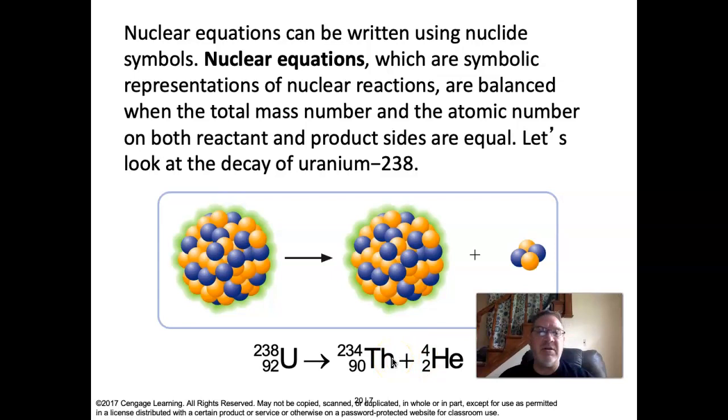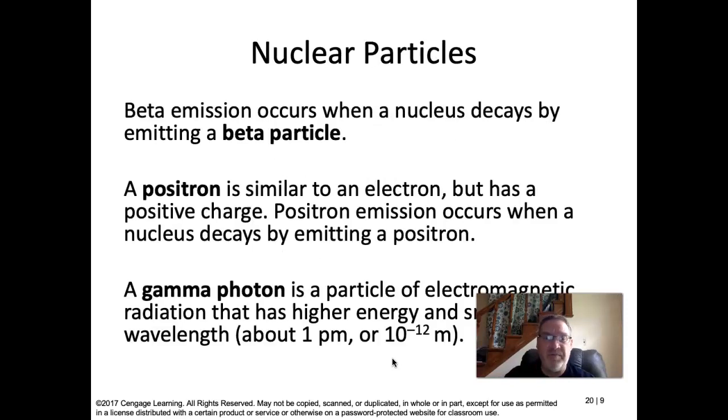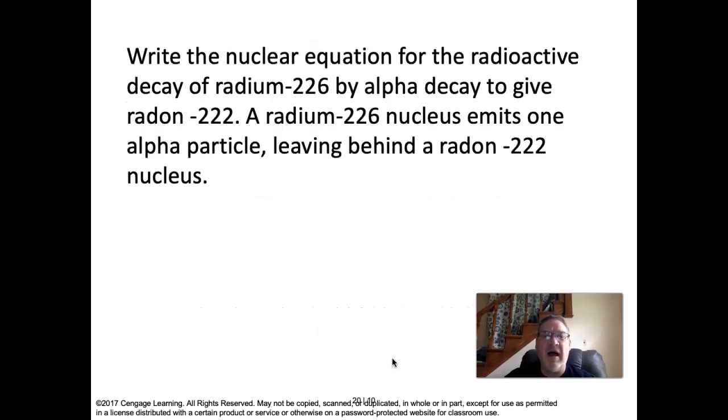That's going to be a key as you're looking at the equations in this chapter. Here are some of the particles that we'll see in the notation. Go back to this when you need to, if you can't remember off the top of your head what these involve. Again, more distinction in terms of the types of particles that we have.